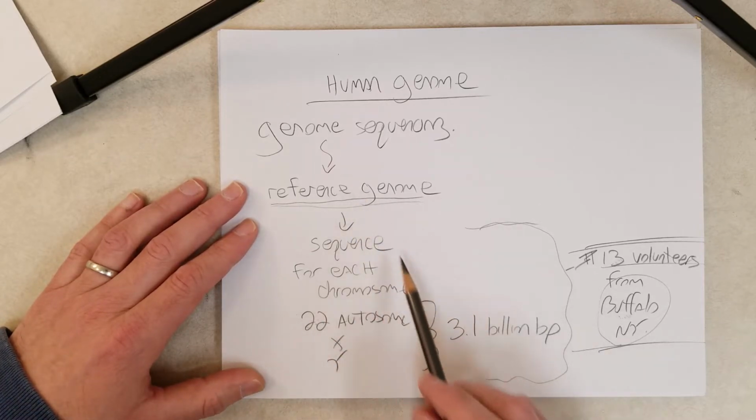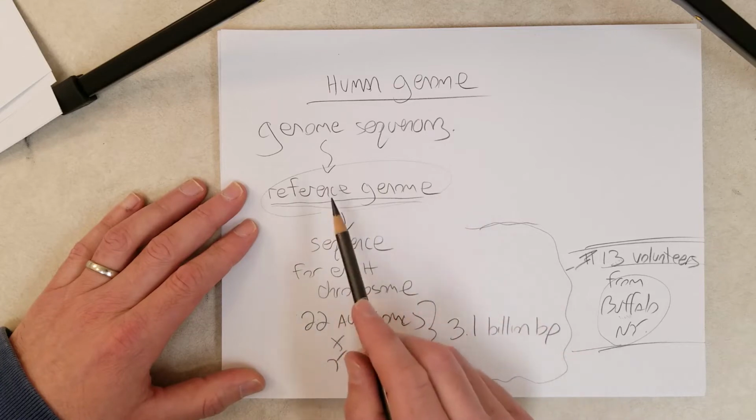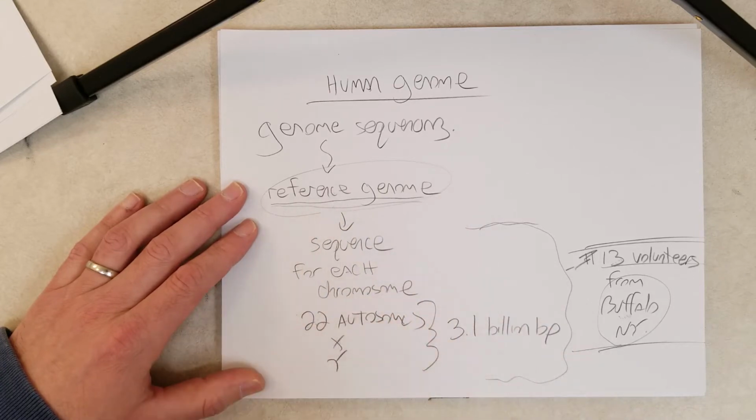I believe at the same time the human reference genome was being assembled, there was a company led by a scientist called Craig Venter, and I think Craig Venter's genome was published at the same time as the reference genome assembled from these volunteers.